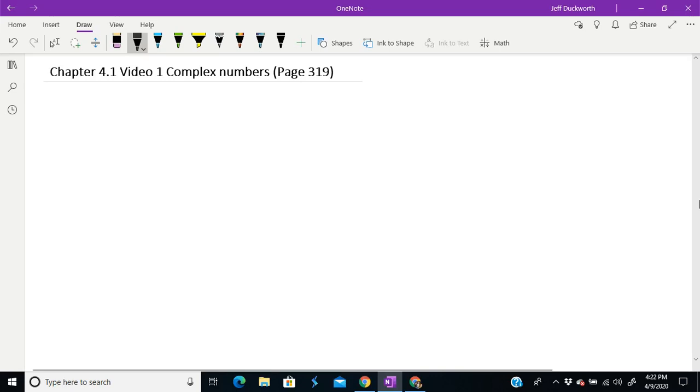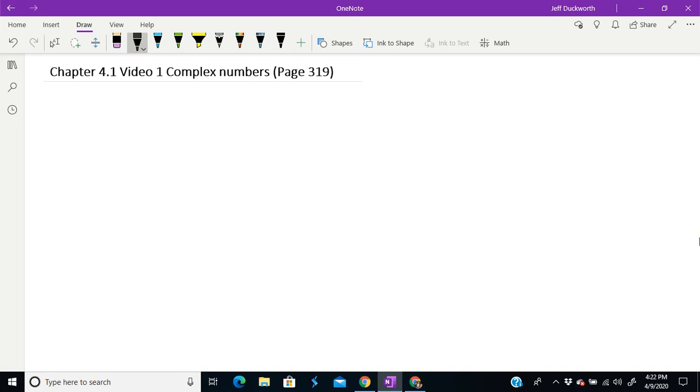All right, the next unit, Unit 4, begins in Chapter 4, and Section 4.1 is complex numbers. So complex numbers are also dealing with the complex plane, which is imaginary numbers.